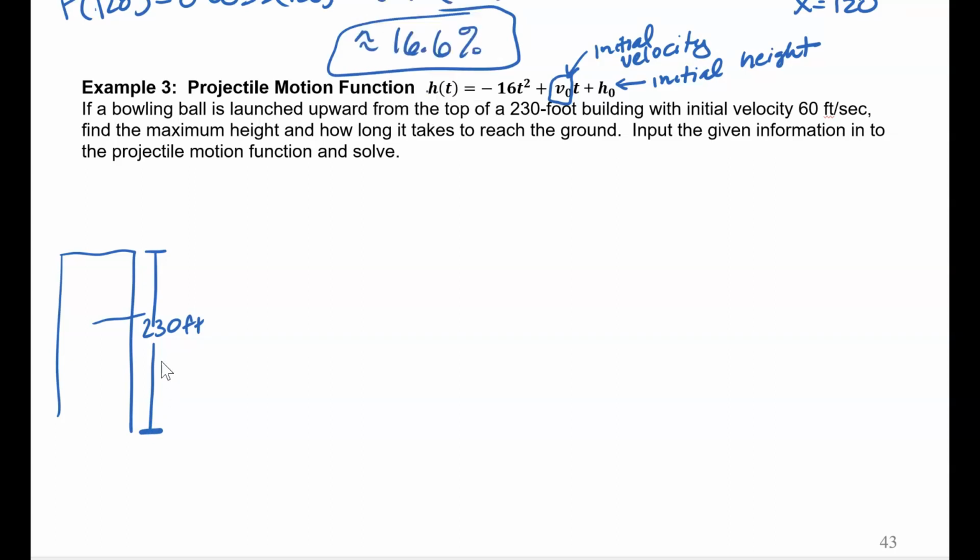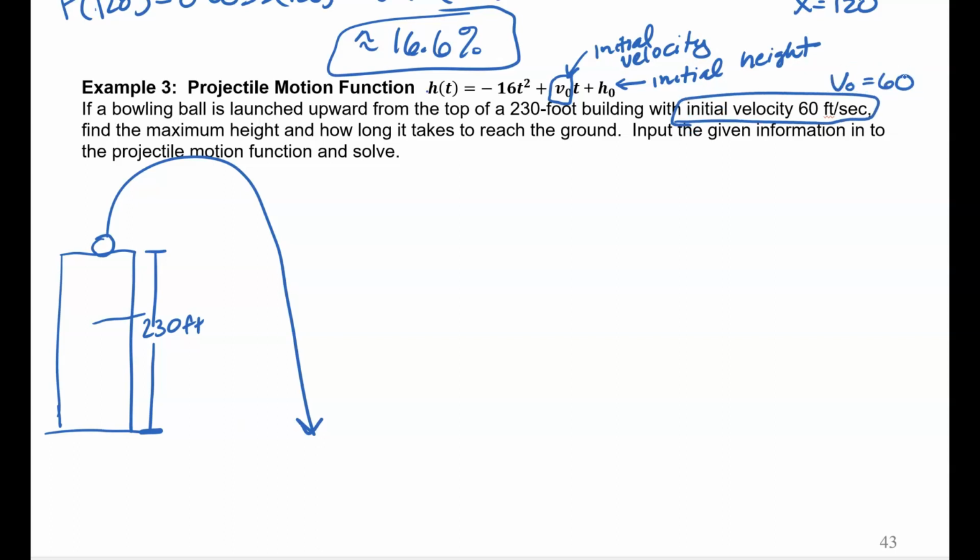We'll pretend this is the ground and this is our building, and we've got a bowling ball at the top of this building, and it's launched upward, and then it's going to come down. If it's launched with initial velocity, we're told initial velocity, so your V sub 0 is equal to 60 feet per second. Find the maximum height. On the picture, this kind of looks like a parabola. Imagine it goes down on the other side. The max height is just the vertex.